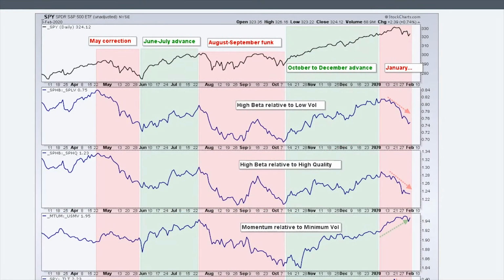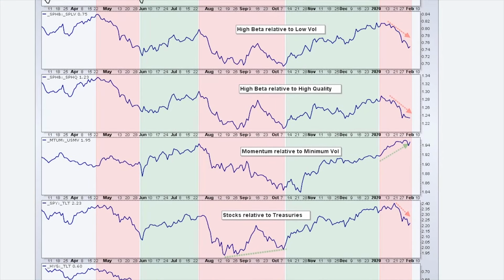So this is a chart I showed on trendinvestorpro.com on Friday, where I showed the different periods of risk off in red and risk on in green, and now we've moved into risk off. The reason I think that is because I put 5 ratios here.